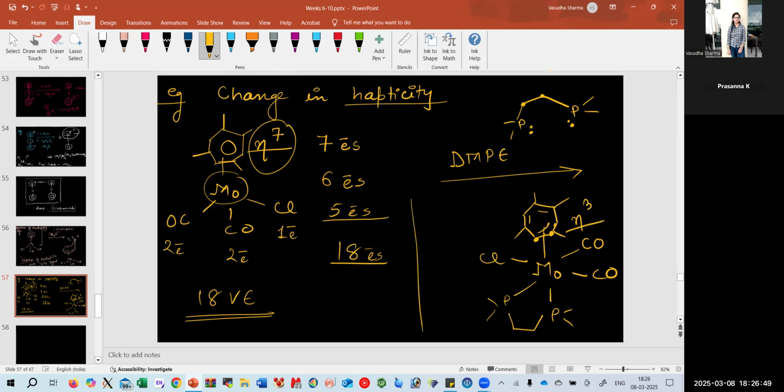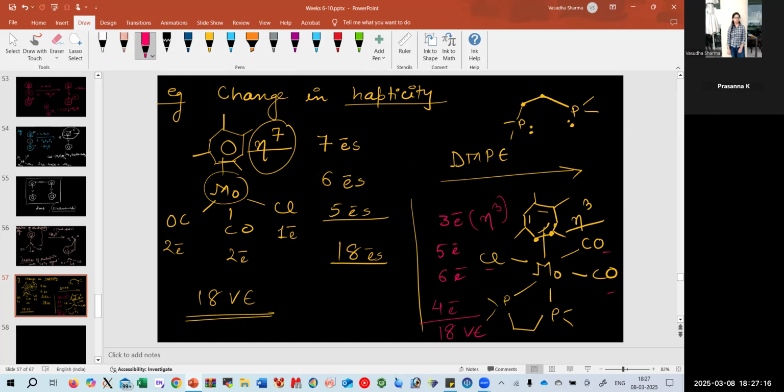Now if you calculate here, 3 electrons are coming from your C7H7 because of eta 3 hapticity. 5 are coming from 2 carbonyl and 1 chloro. Molybdenum is giving you 6 electrons and 2 phosphorus are giving you 4 electrons. Therefore, it's an 18 valence electron system. So this is how the reactivity plays a very important role.